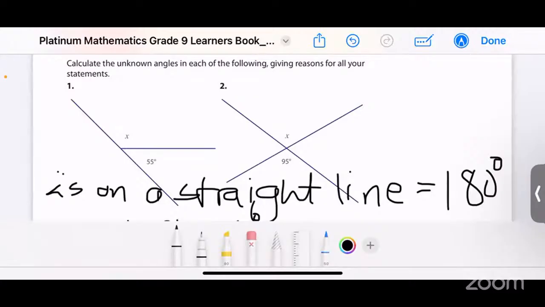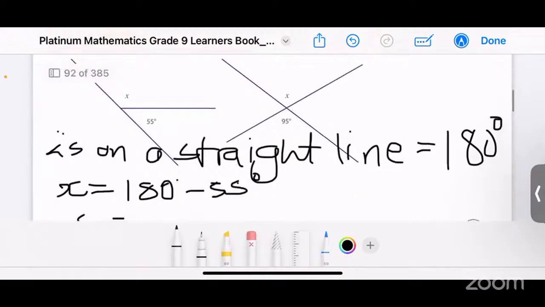A straight line adds up to 180 degrees. And we are having two angles. We have angle X and angle 55. So for us to get the value of X, we have to subtract 180 minus 55. The remaining is the X value. Do you understand? Yes, ma'am. Yes, that's why I was saying 180 minus 55.